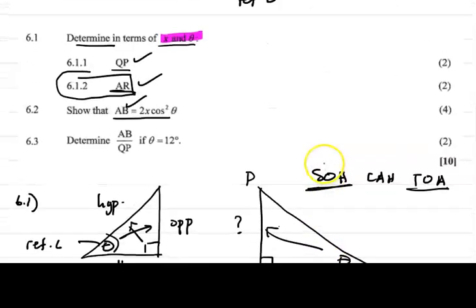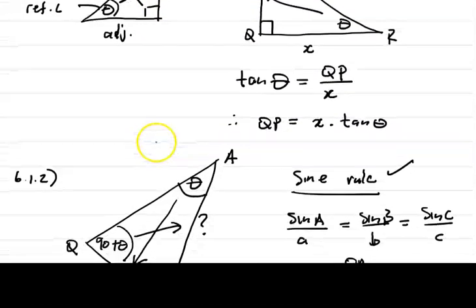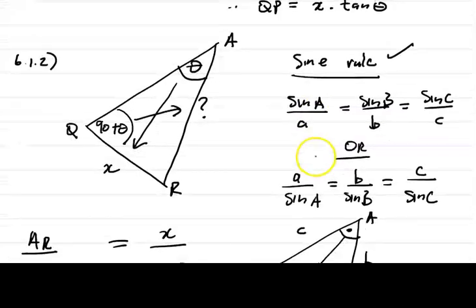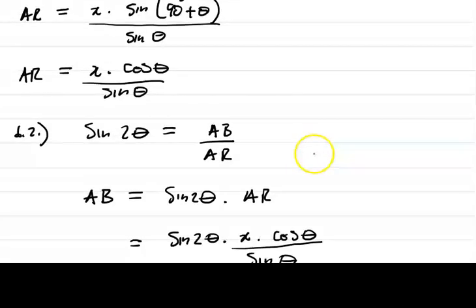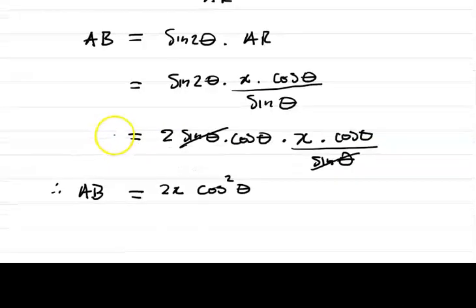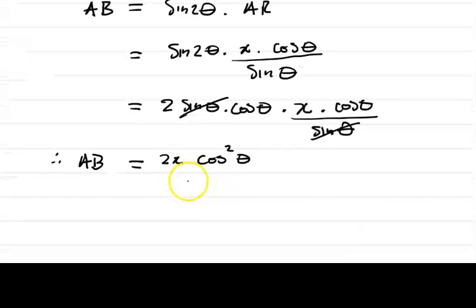The last question now. So determine AB over QP if theta is equal to 12 degrees. So AB and QP, let's go look at that. So we solved for AB and for QP. So what is AB? Well, we've just got it here. So this is now going to be 6.3.